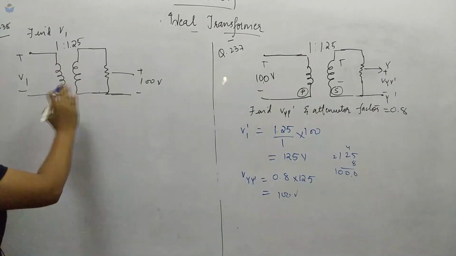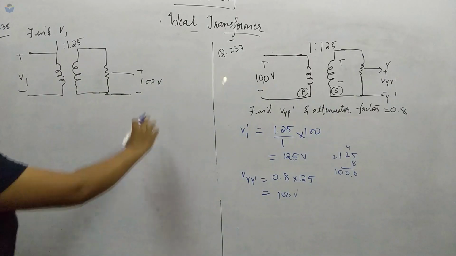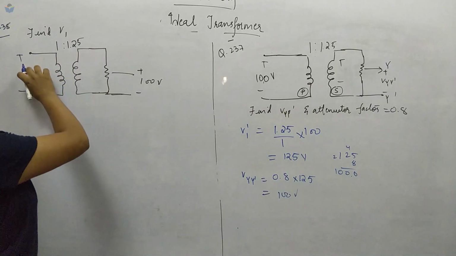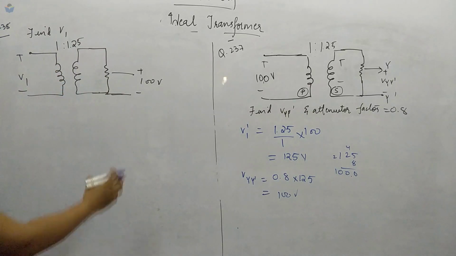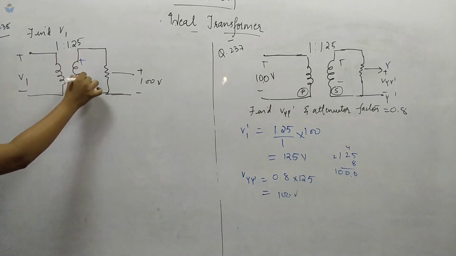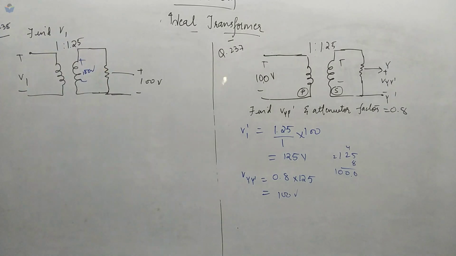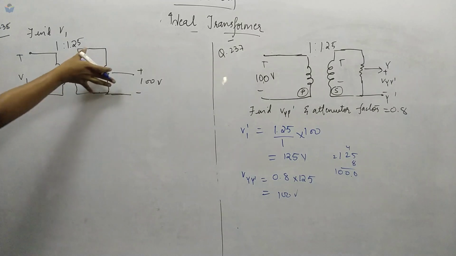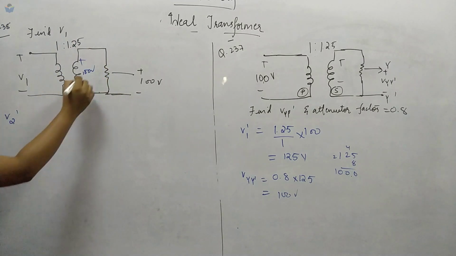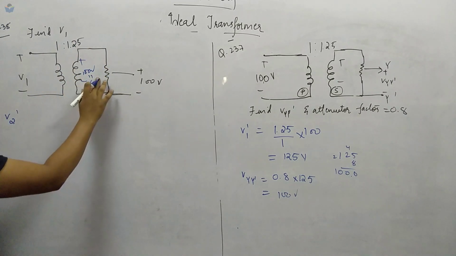Coming to this, when it goes in the reverse way, what is the value of this one? V1. For that one there is nothing directly, we will directly take it as 100 volts. If it is 100 volts, then this voltage will appear over here. Let us call it V2.